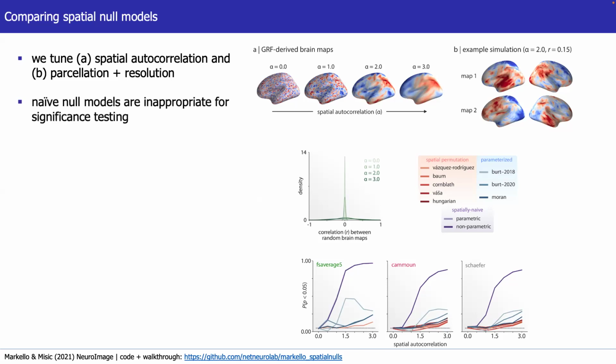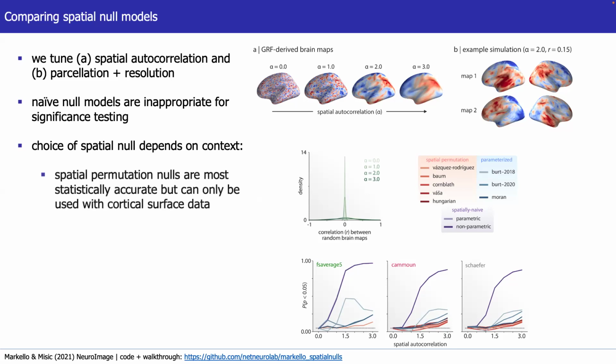So a few things that we can conclude are, first of all, these naive nulls are completely inappropriate for significance testing. You should never be using them. Which spatial null you pick will depend a little bit on your situation. The spin tests are the most accurate, but they can only be used when you have surfaces.